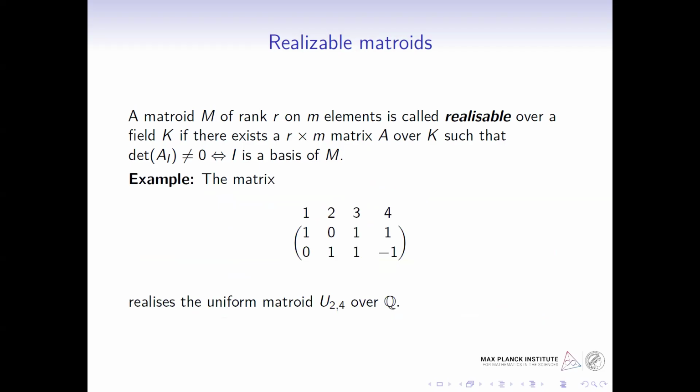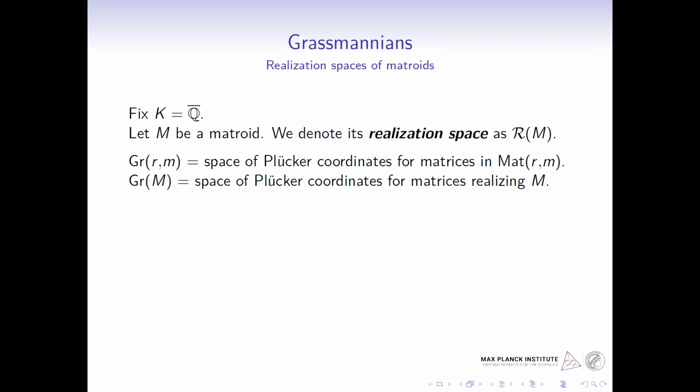So an example for a realization of the uniform matroid U 2, 4 over Q would be this 2 by 4 matrix, because whenever you pick two of the columns, they're linearly independent, so they give you a basis of the vector space Q^2.